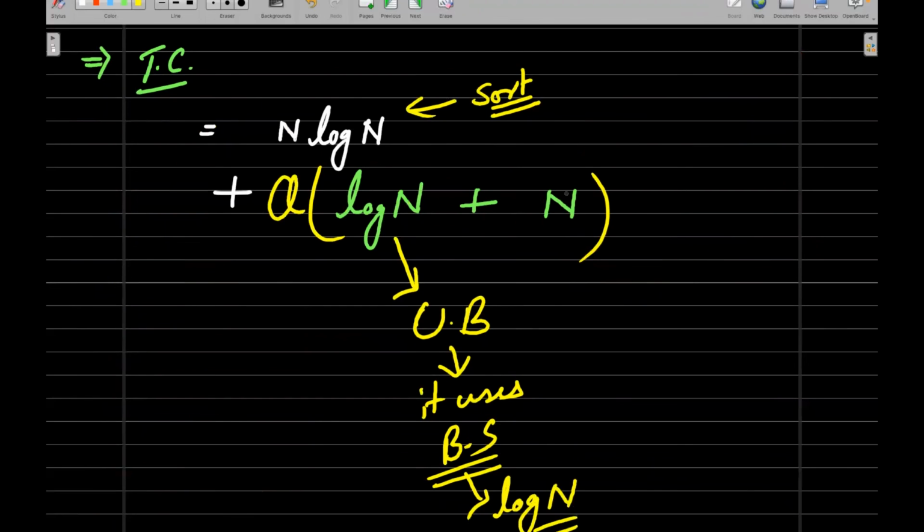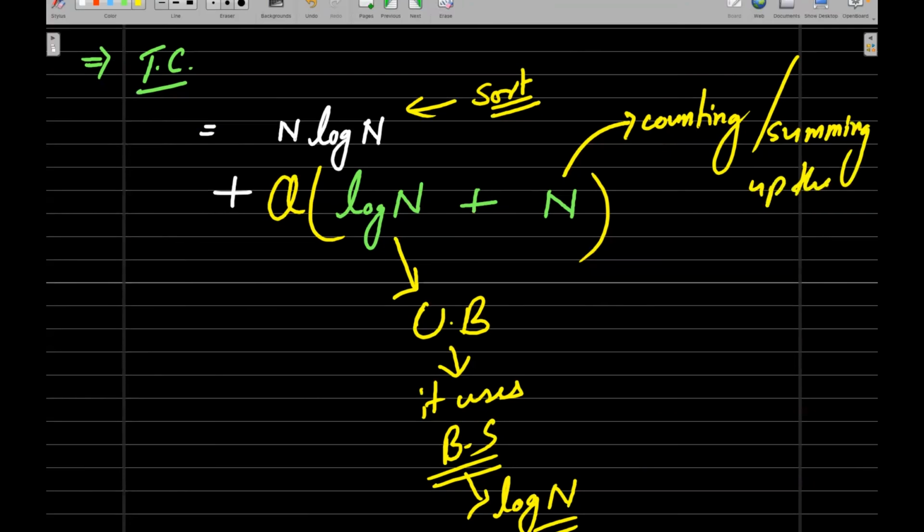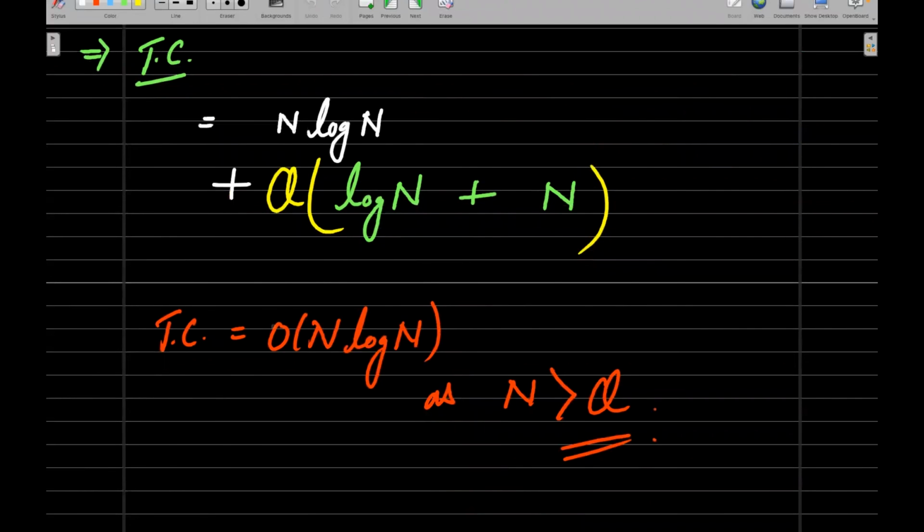And this n is for counting, or summing up the powers of dead soldiers. So ultimately the dominant time here is order n log n.